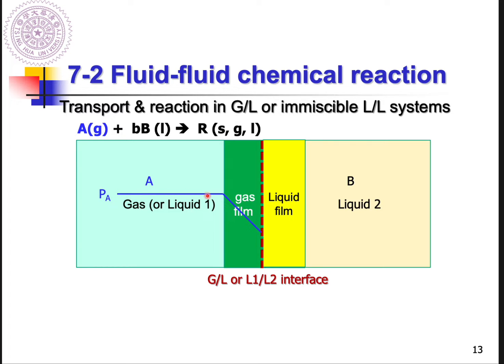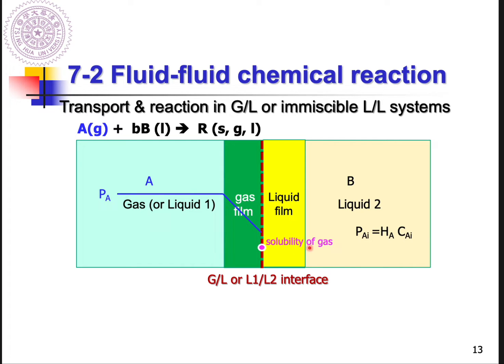Here is PA. When molecule A enters the gas film, the concentration or partial pressure of reactant A decreases as a function of location, until it reaches the interface between the gas and liquid. When gas A enters the liquid film, it involves the solubility of the gas in this liquid.